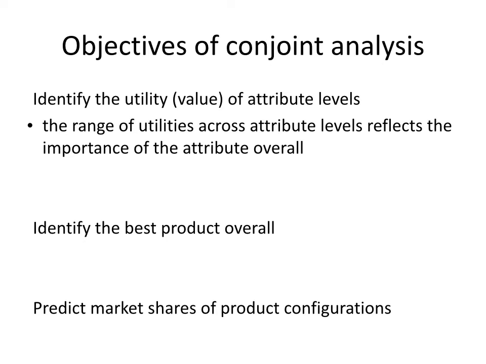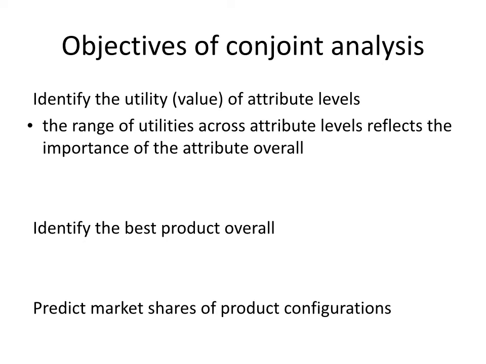There are three sort of category objectives of conjoint analysis. The first is to identify the utility of attribute levels, to drill down into the overall evaluation, identify the specific values or the specific weights of attribute levels. Then, once that's done, the range of utilities across those attribute levels can be used to reflect the importance of the attribute overall.